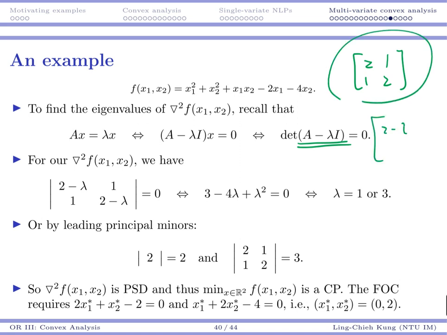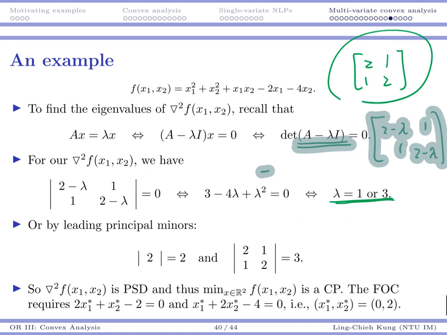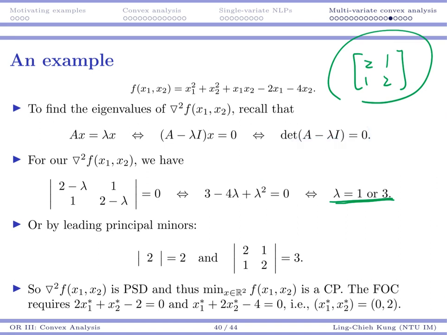A minus lambda I would have lambda subtracted on the diagonal, and the 1s are still there. So you take the determinant here. You're going to see that (2 minus lambda) squared minus 1 should be 0. That means lambda can be either 1 or 3, and they are all positive. So for this particular matrix [2, 1; 1, 2], the eigenvalues are all positive.